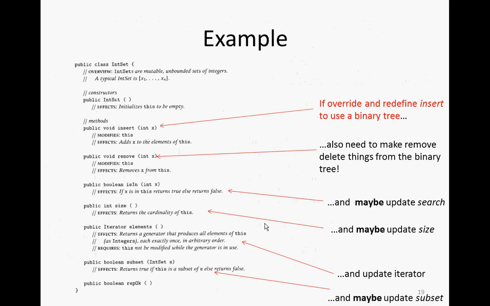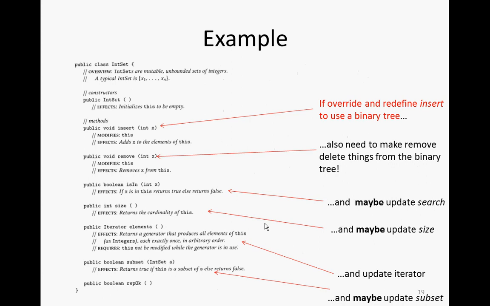So suppose we have insert, and we have an inset, and suppose we want to override this so that we use a binary tree internally rather than, say, an array. Maybe the initial implementation of this class uses purely an array, and we want to do something more intelligent, like a binary tree, right?